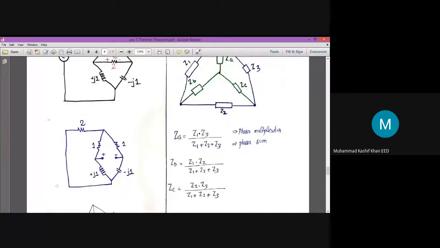Any question? Sir, can we change the arrangement of ZA, ZB, and ZC in this star connection? Yes, it's up to you. You can change the naming of ZA, ZB, and ZC.